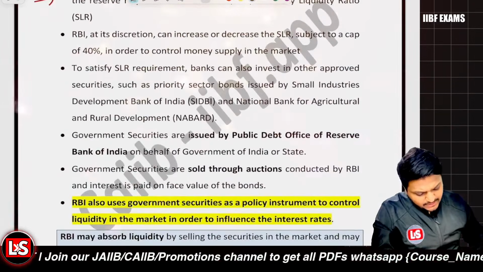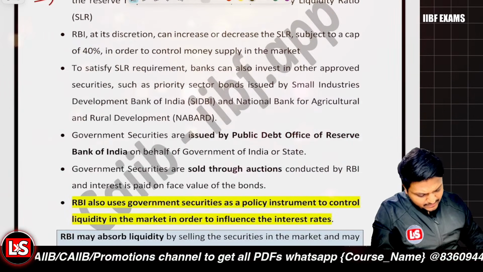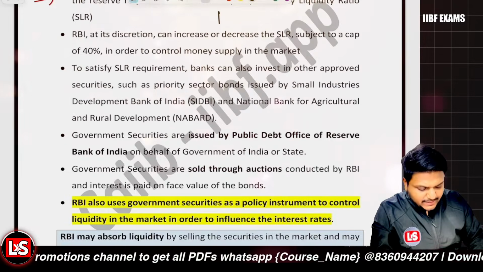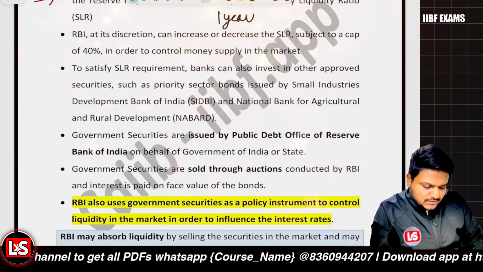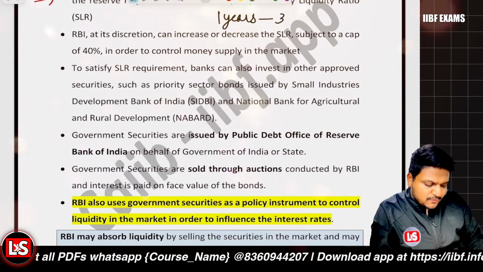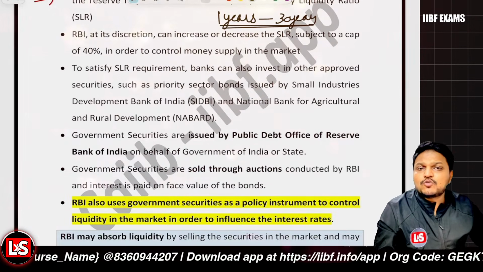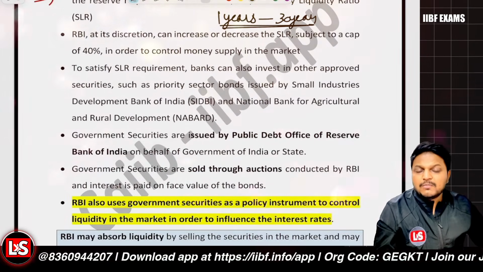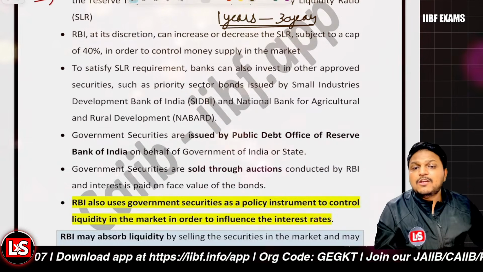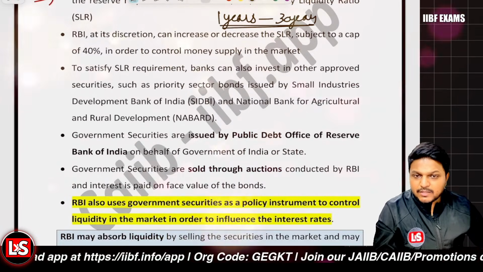And the tenor for these securities can range from 1 year to 30 years. That's why we say these securities are dated securities, because these are for very long term also, right?